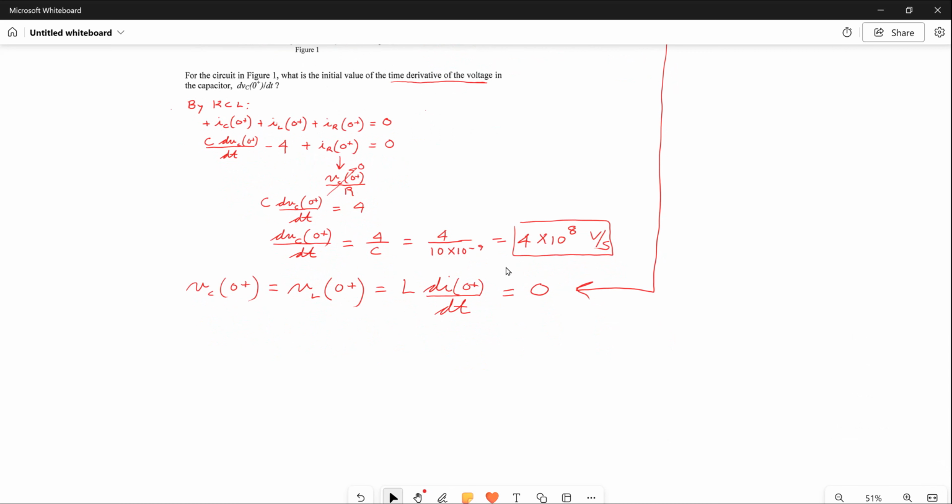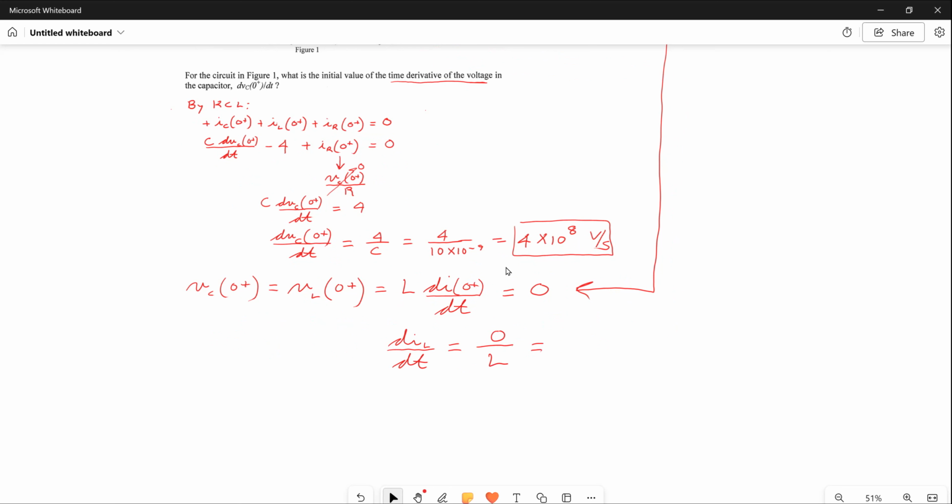And you could see that the time derivative of the current in the inductor is equal to 0 all over the inductance.